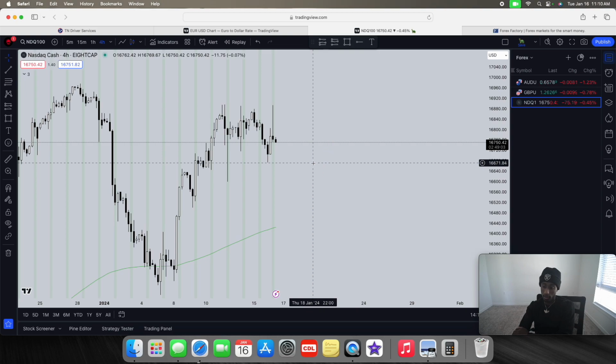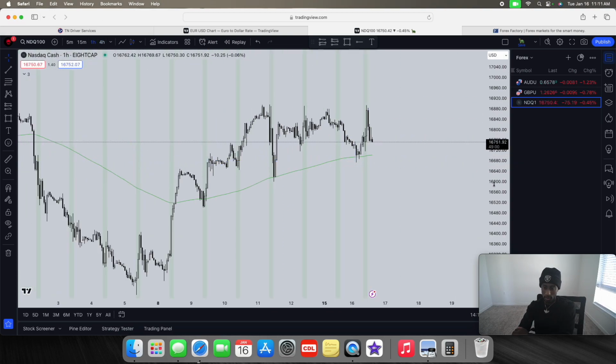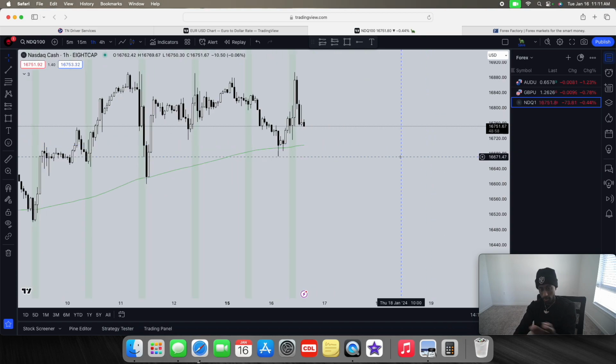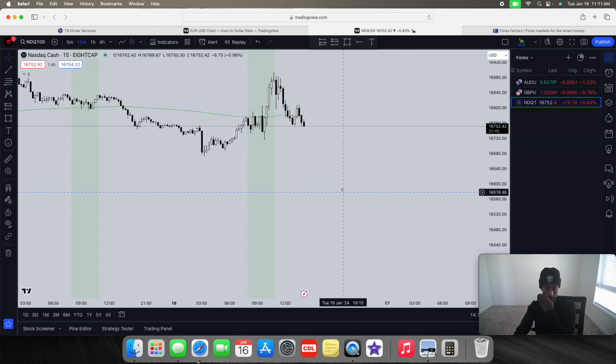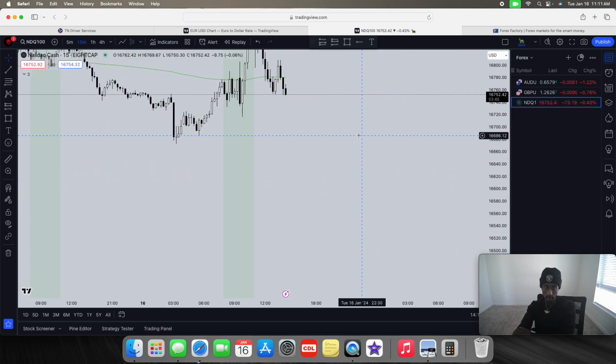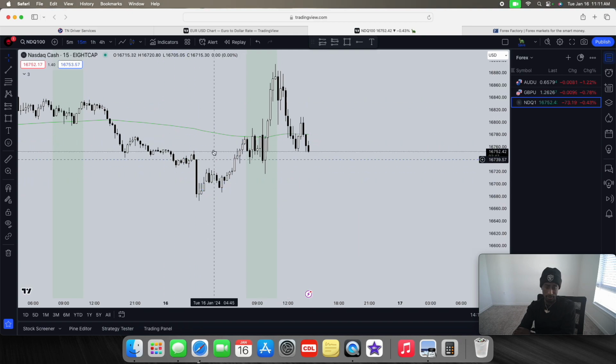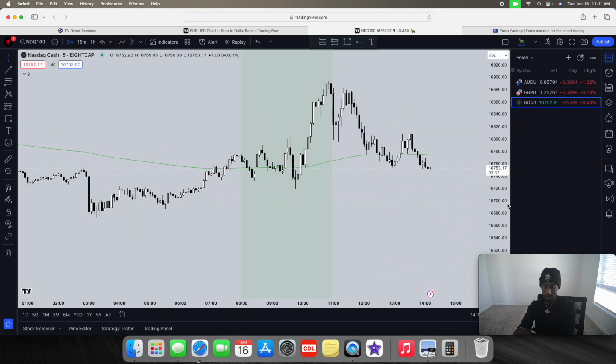So I was looking for sales the hour before my kill zone, just selling. It made a slight bullish run, but I was still in the bearish mindset. And then it just completely said fuck the trend, and just did what it wanted to do.